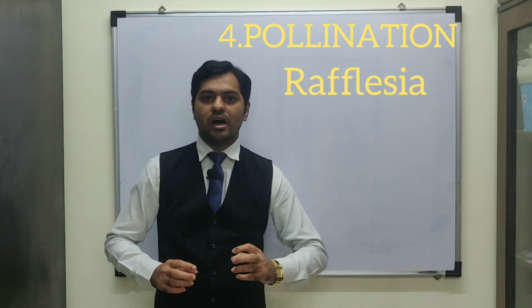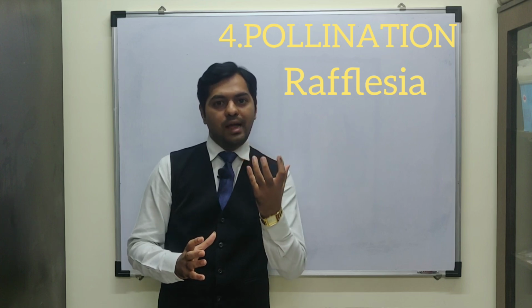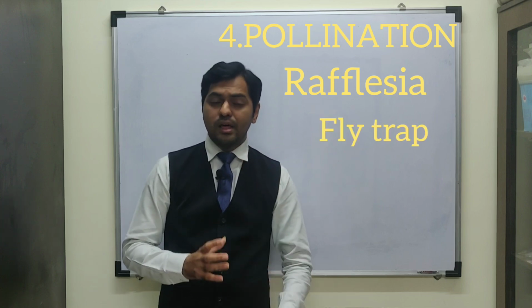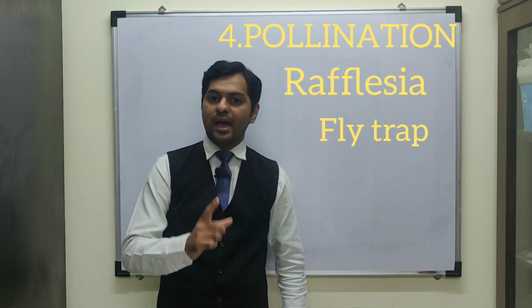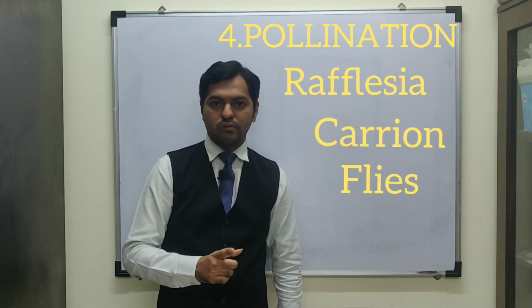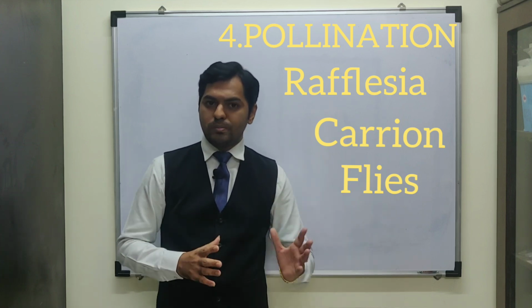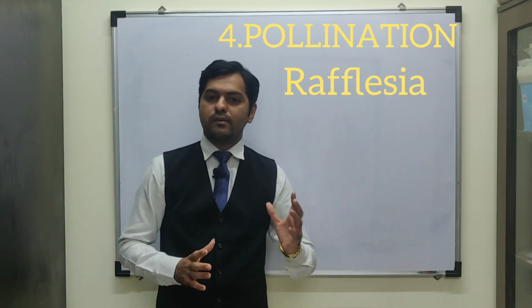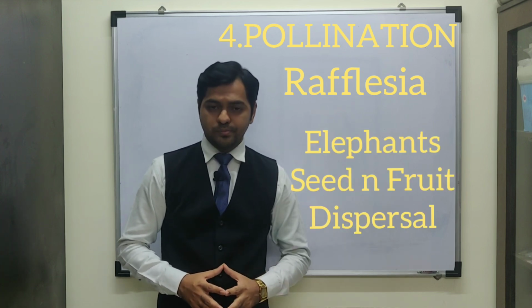Remember, Rafflesia is one of the largest flowers, and it has a fly trap mechanism wherein the flower produces foul odor which attracts carrion flies. So carrion flies help in pollination of Rafflesia flower. Also remember that for seed and fruit dispersal, elephants help the Rafflesia flower.